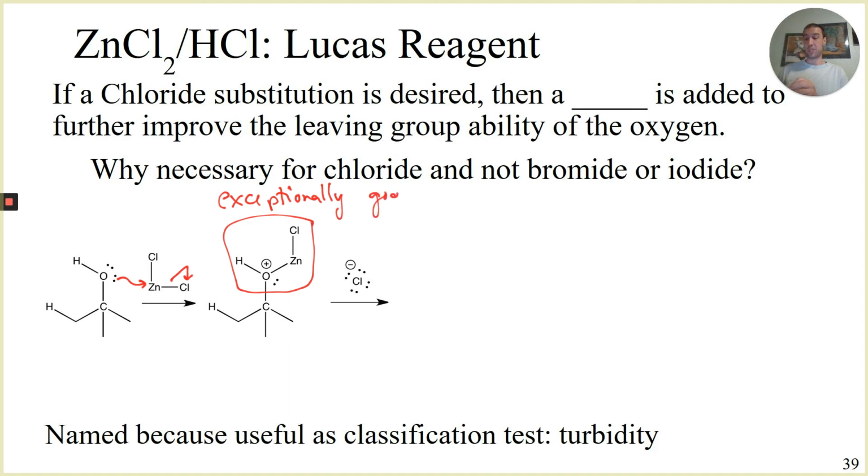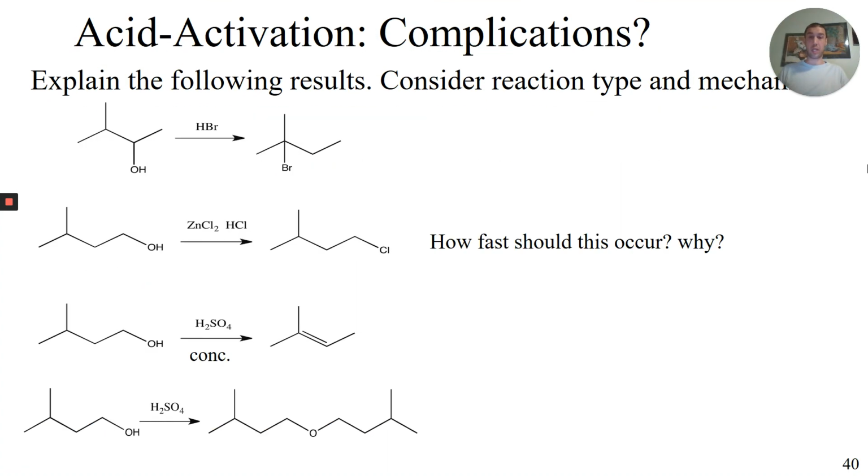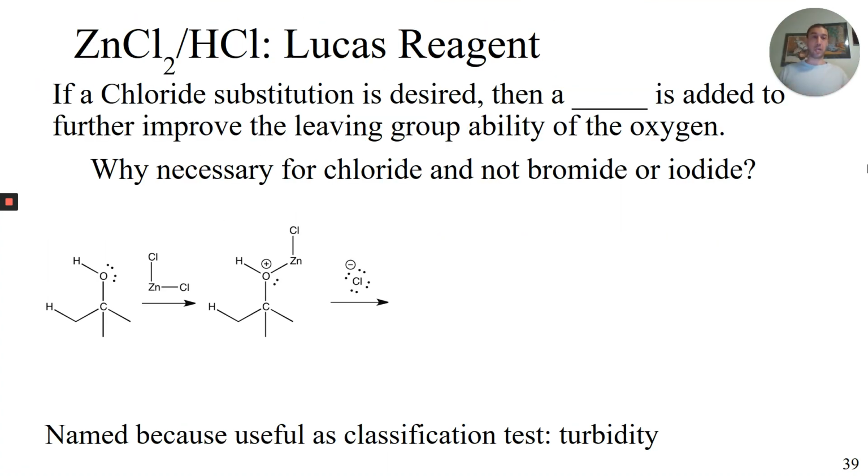Because the chloride isn't as good a nucleophile, we're making the leaving group that much better so we can up the concentration of our electrophile. Even though the chloride isn't as good, if I generate a high enough concentration of the electrophile, I can get that reaction happening. And that's the point of this particular reagent, our zinc chloride and our HCl.